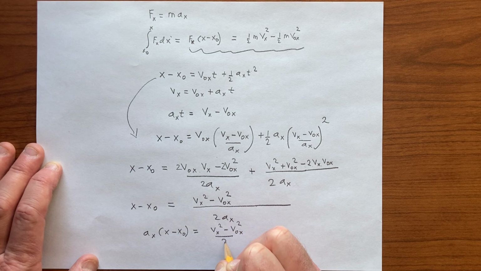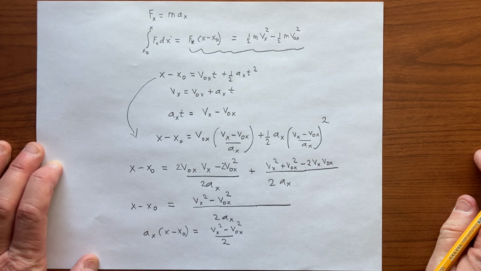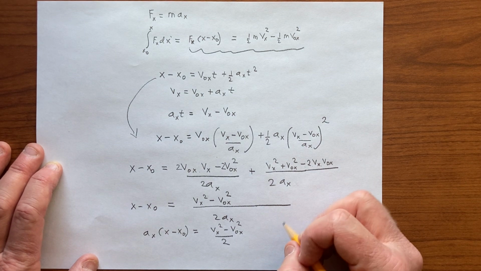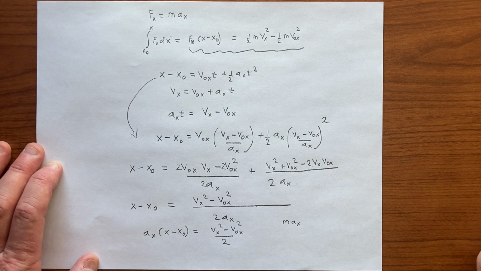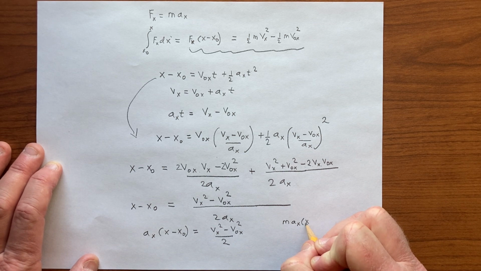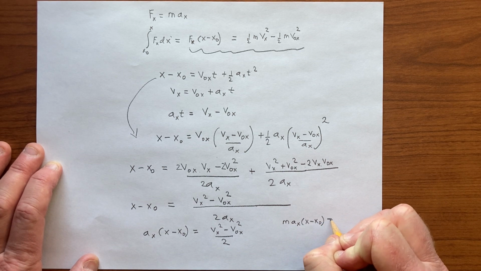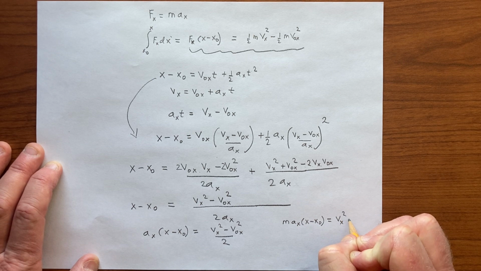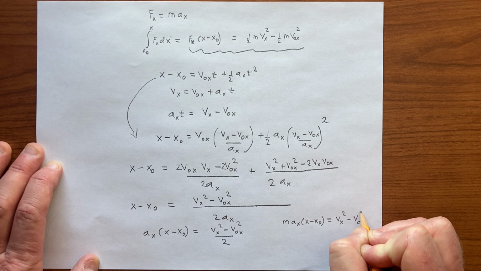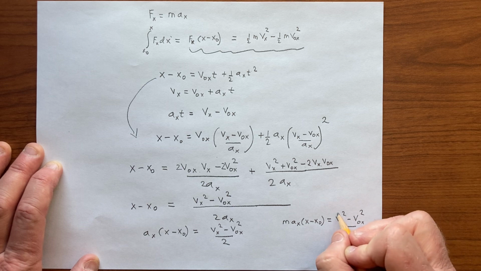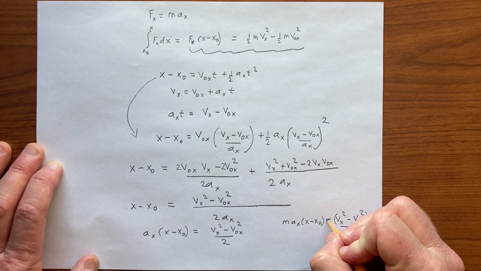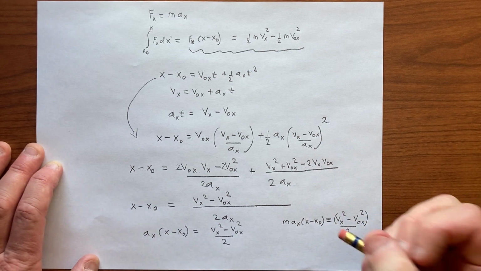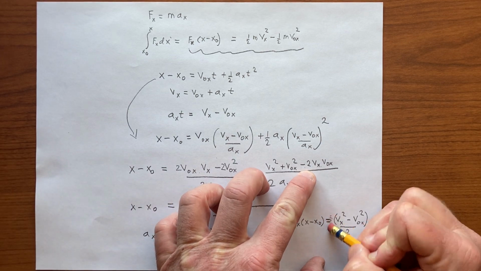And if I multiply by the mass, I get max times x minus x naught equals vx squared minus v naught x squared over 2 times, well, I'm going to put the mass here. So let me erase this a little bit.